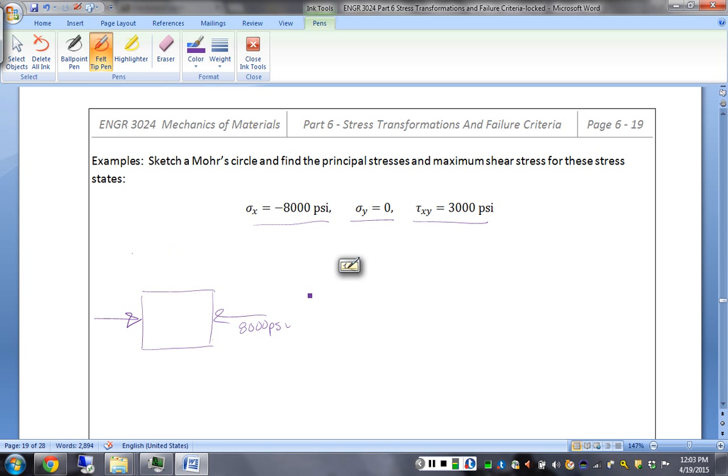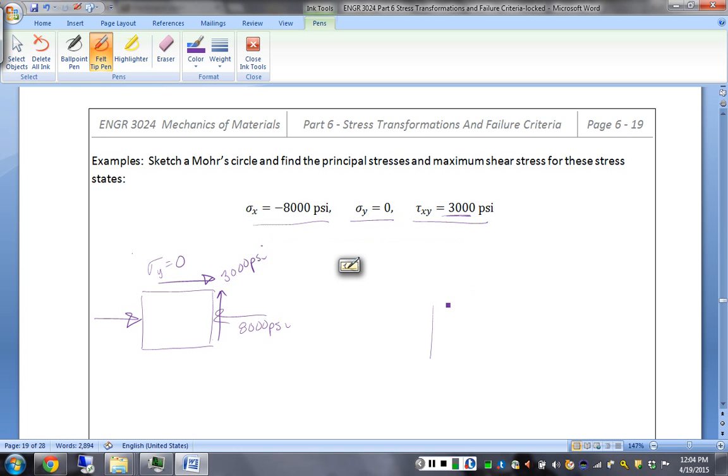If you're asked to draw an arbitrary stress state, it doesn't hurt to write in explicitly that the normal stress in the y direction is 0. And then we have a positive shear of 3,000. Again, we know to draw the shear in this manner because a positive shear gets drawn upward on the positive x face. So this is a shear stress of 3,000.